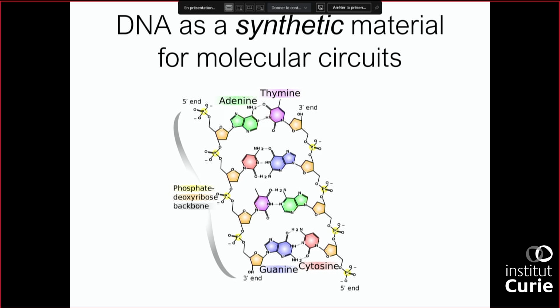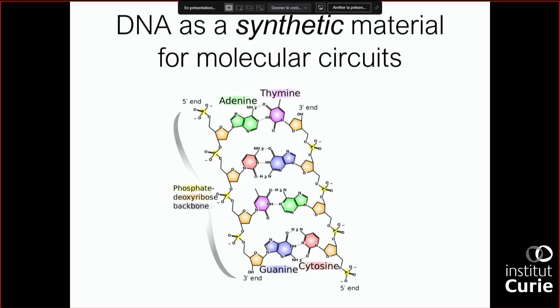And it has a very specific property of having a tendency to associate 2 polymer chains into one structure, which is helical, which is called the DNA double helix. And this is done with sequence specificity, because the 4 different bases of DNA have a preference for the one with which they like to pair.